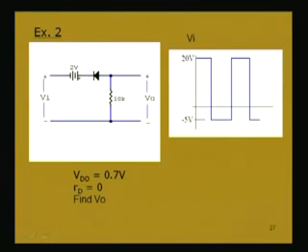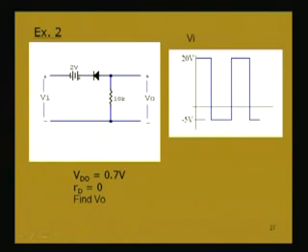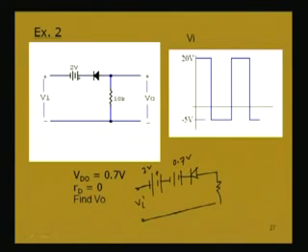If we consider the diode equivalent circuit, it will be an ideal diode with a 0.7 volt drop in this direction. Again, this voltage is there which is plus minus 2 volt, and this is the input voltage, and this is the resistance. I want to find out this voltage.